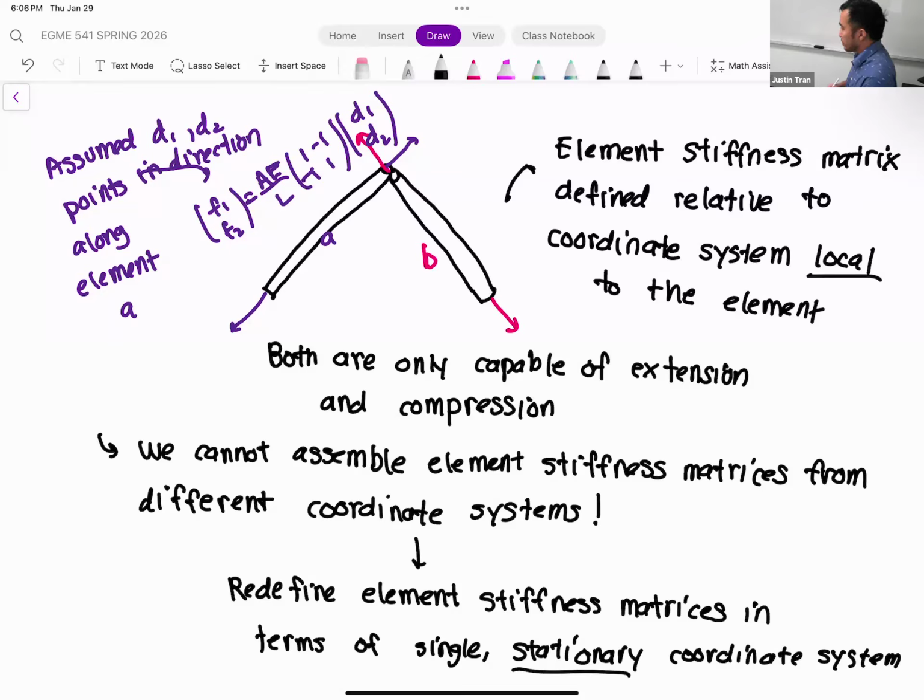And so for the next 15, 20 minutes, we're going to be working on a change of coordinates. So a little bit of geometry, actually a lot of geometry, and then that geometry is going to factor into our elements. Okay. All right, any questions on this so far?